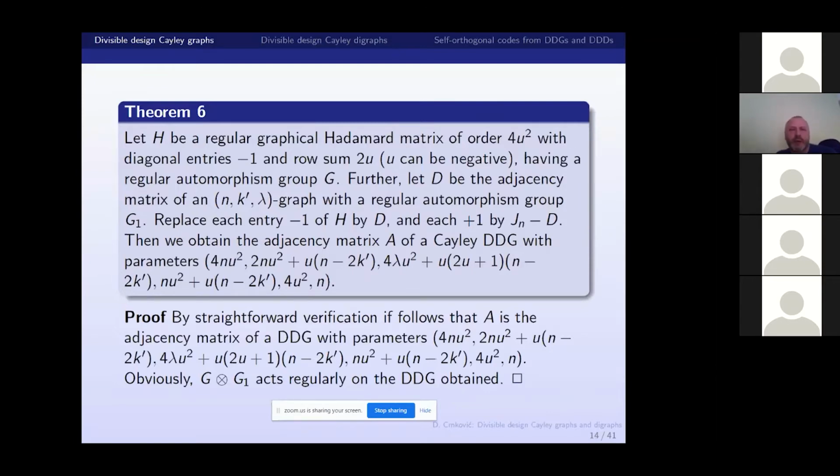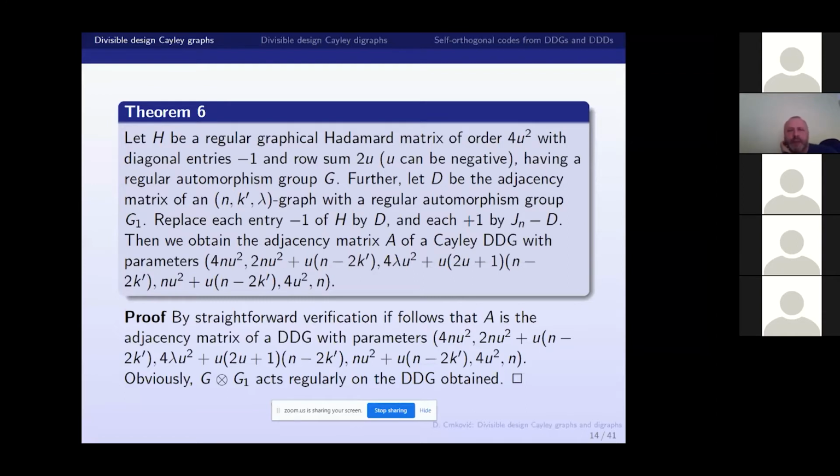And we have the following construction. Let H be a regular graphical Hadamard matrix of order 4u with diagonal entries -1 and row sum 2u, where u can be negative. Let us assume that such a matrix has a regular automorphism group G. Further, let D be the adjacency matrix of an (n, k', lambda') graph with a regular automorphism group G1.